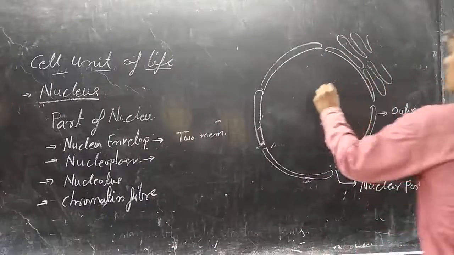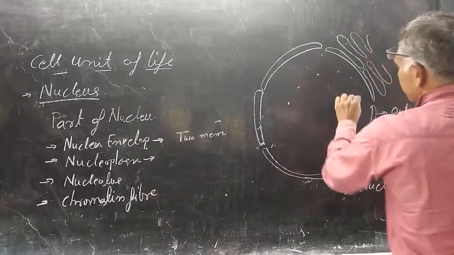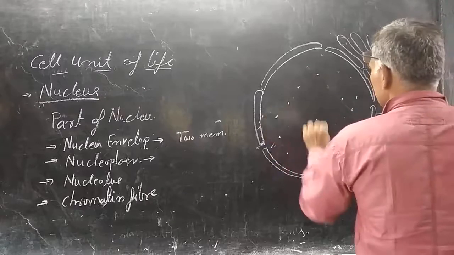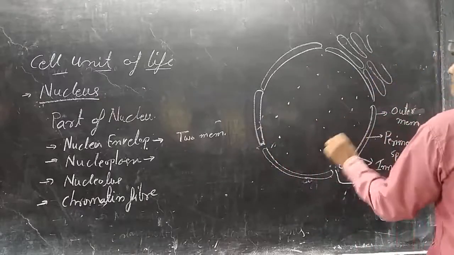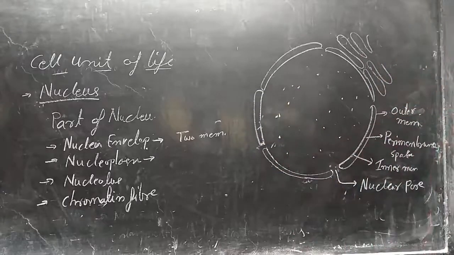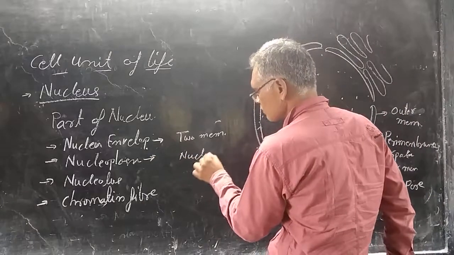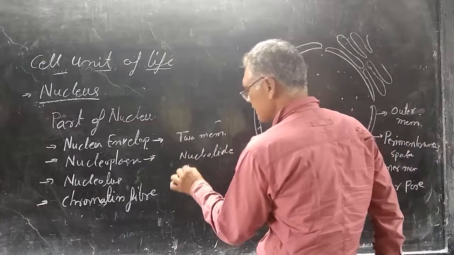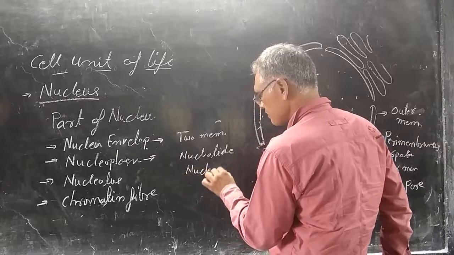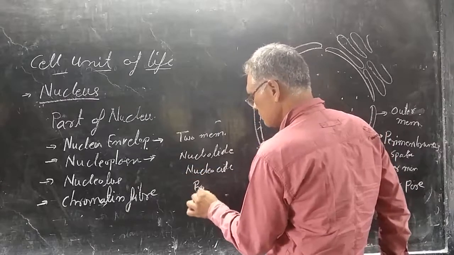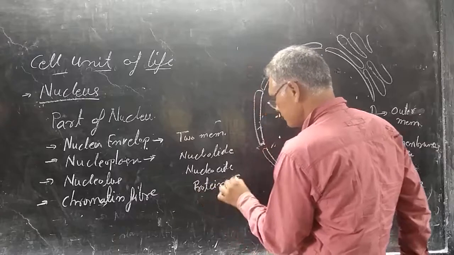The next portion of the nucleus is the nucleoplasm. It is the ground substance of the nucleus that contains all the material present inside the nucleus. It is a transparent semi-liquid fluid that contains different types of chemicals like nucleotides, nucleosides, ATP, proteins, and enzymes.